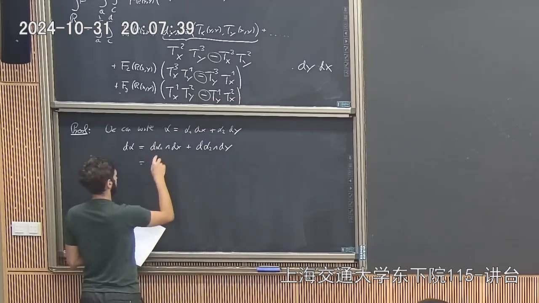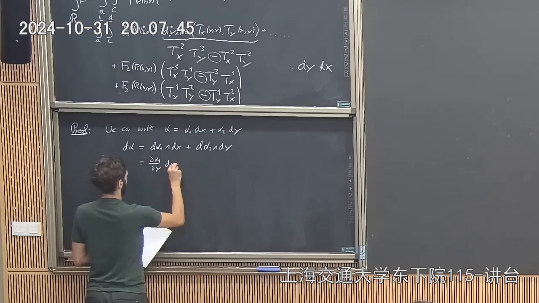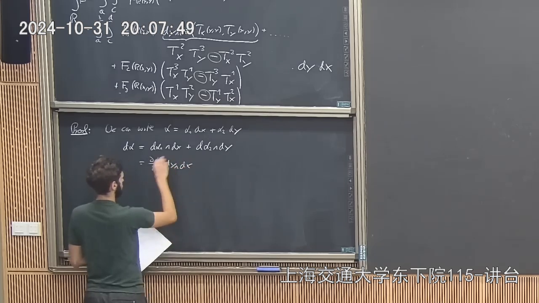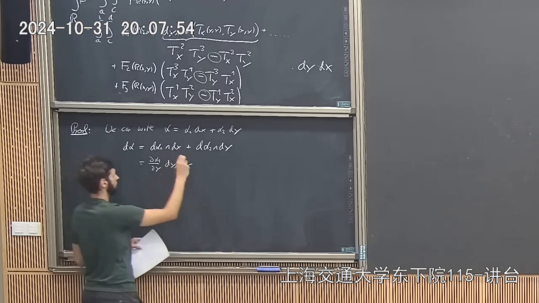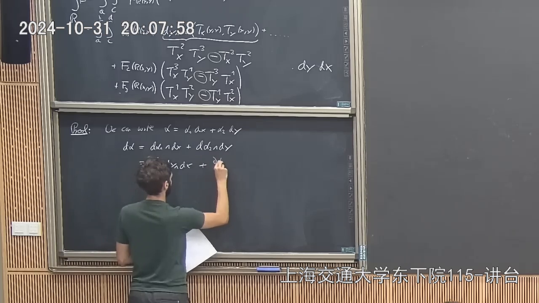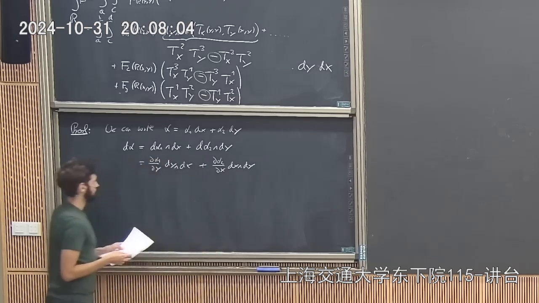Now we rephrase that: d alpha 1 in the y direction, dy which dx, is a certain contribution from the x direction, but this is killed by the wedge product with dx. And here we have the same thing, but now we only get the x direction.